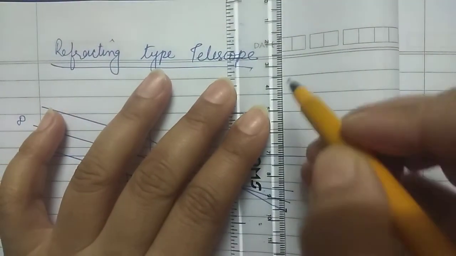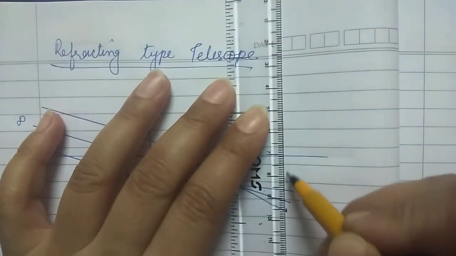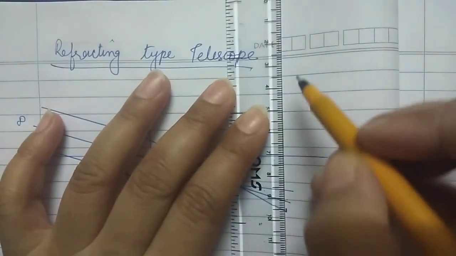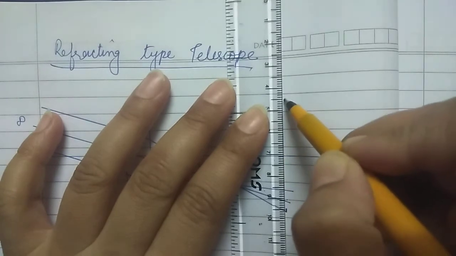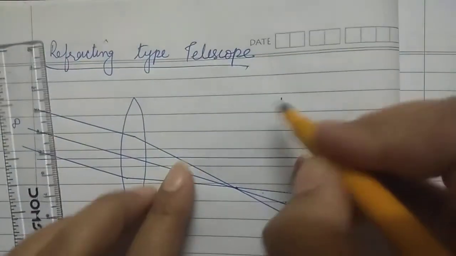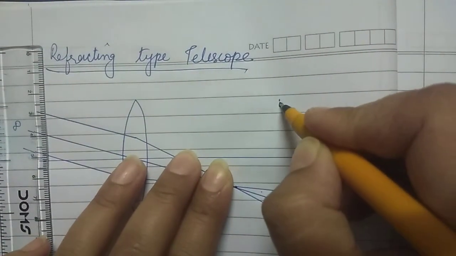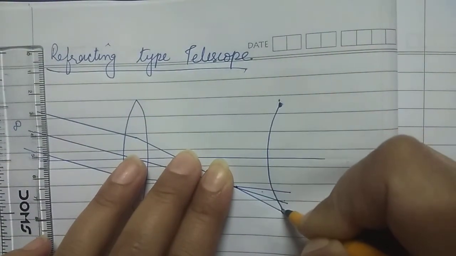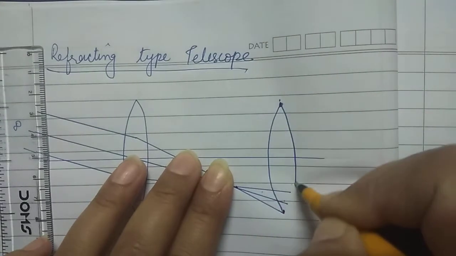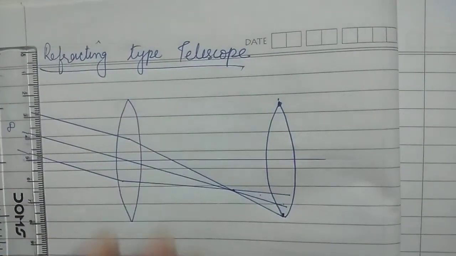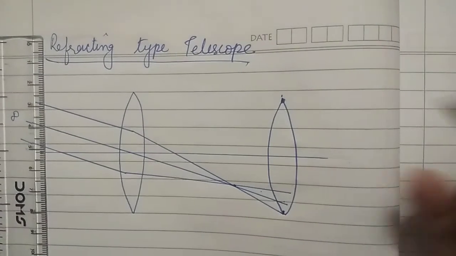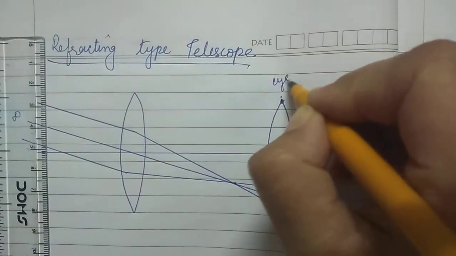Now a small lens we need to draw, from here to here. The size of the eyepiece should be smaller.